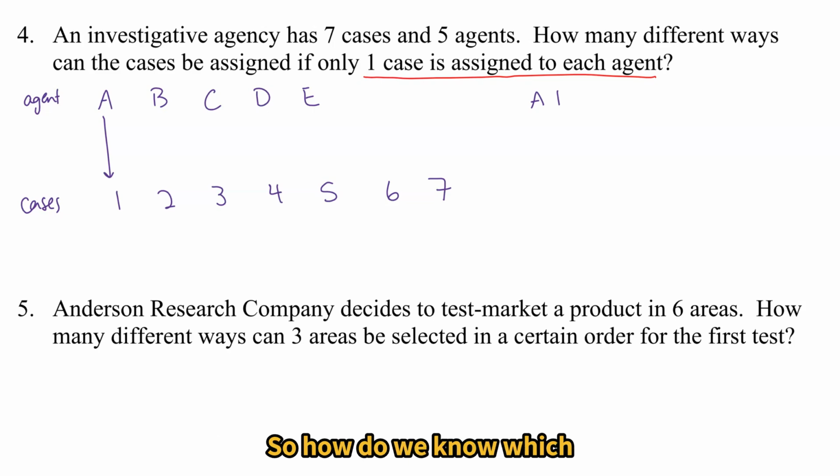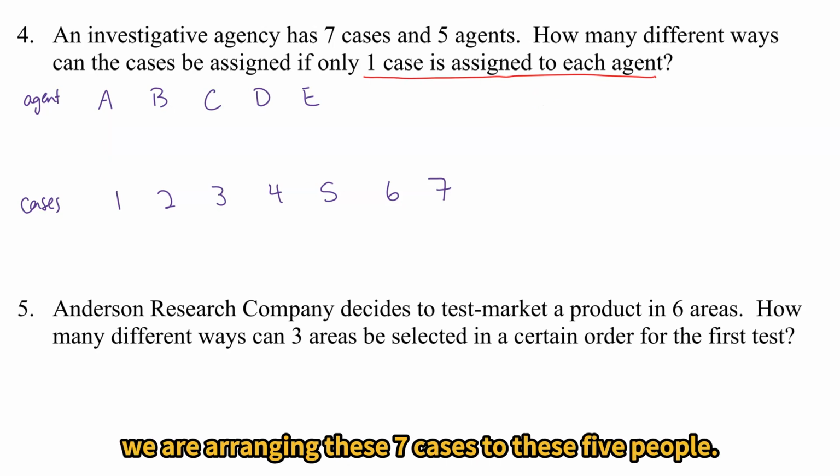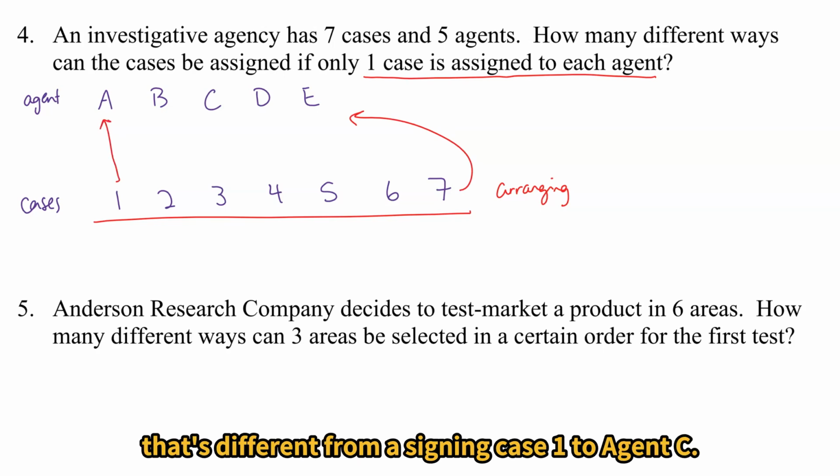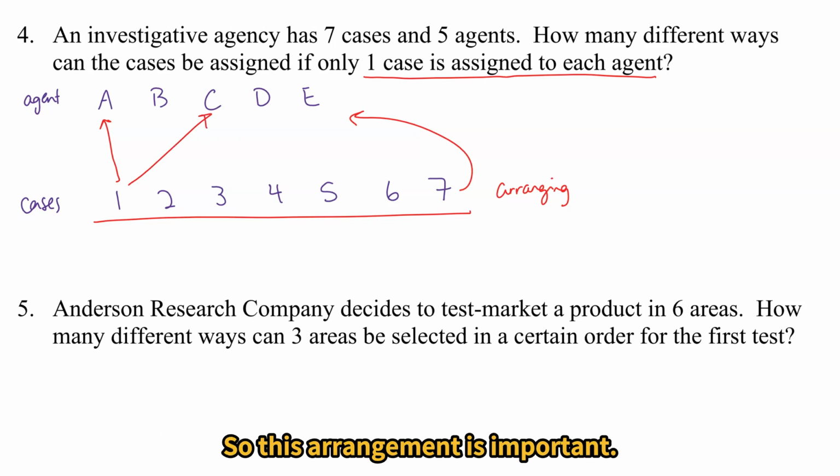So how do we know which formula to use? Well, essentially, we are arranging these 7 cases to these 5 people. If I assign case 1 to agent A, that's different from assigning case 1 to agent C. So this arrangement is important.